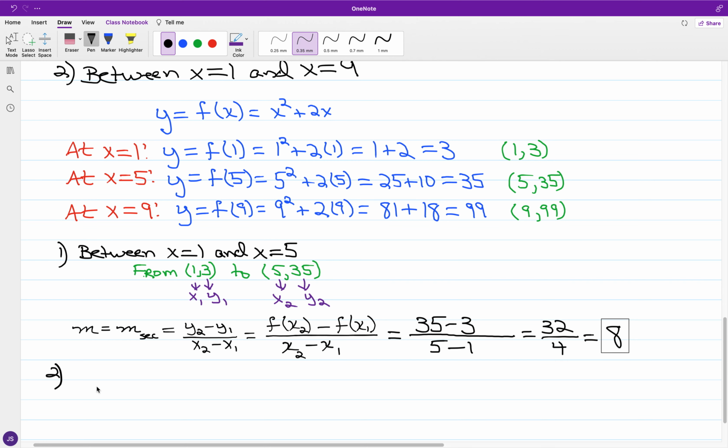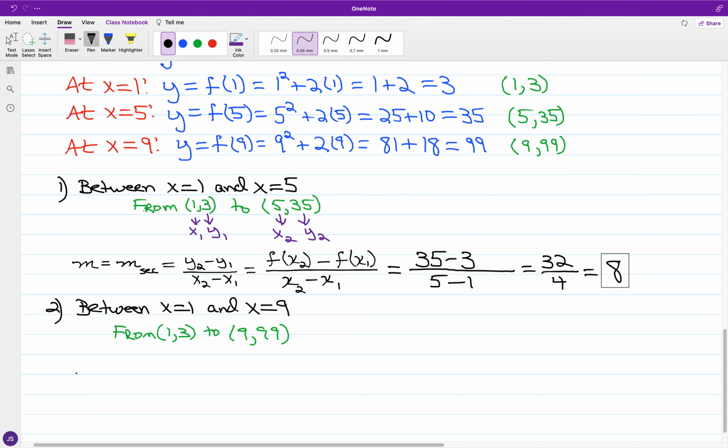And between x equals 1 and x equals 9, in terms of specified points, you're going from 1, 3 to 9, 99. Just connecting those dots with a straight line, the straight line's slope is going to be the secant slope.